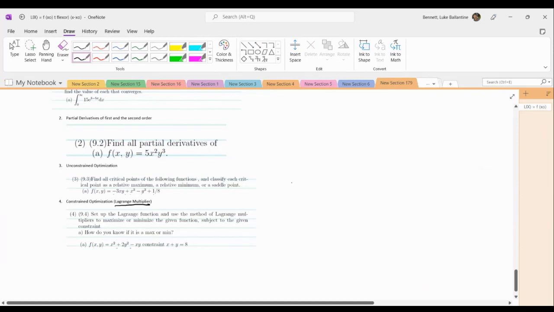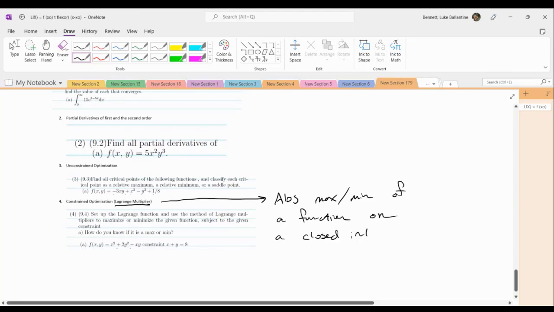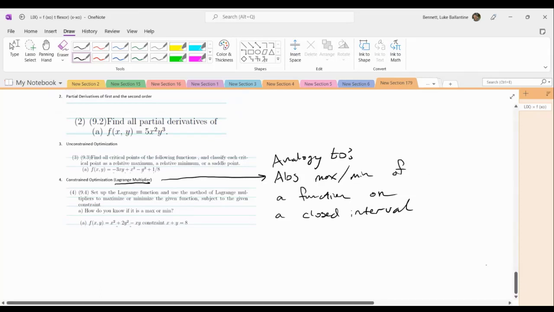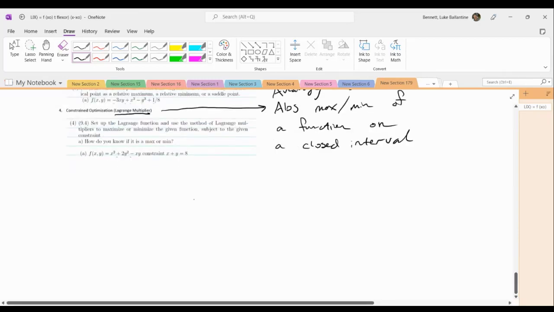Like another analogy to single variable calculus, this is when we had the absolute max and min of a function on a closed interval. This is analogy 2. So now instead of a closed interval, we have a closed region in R2.